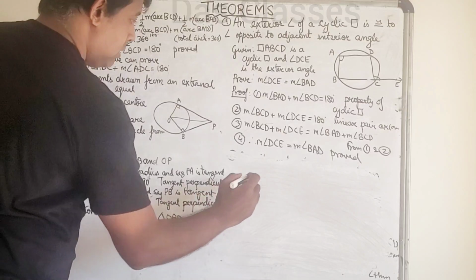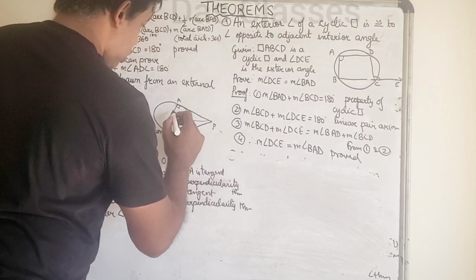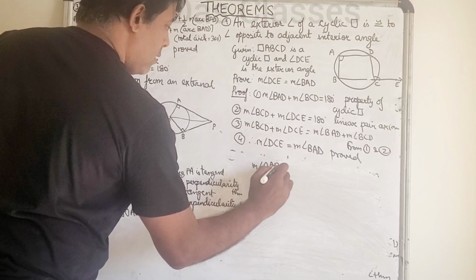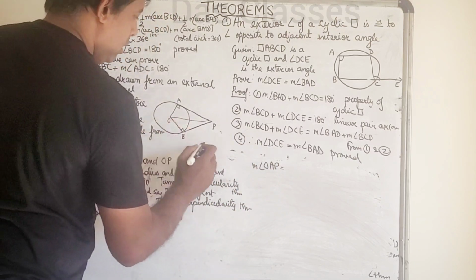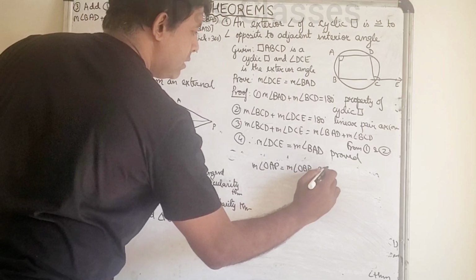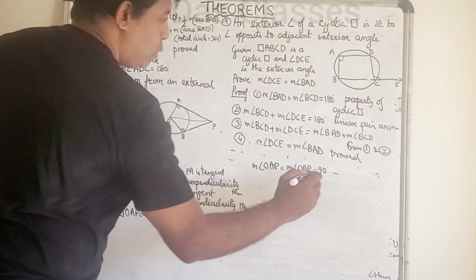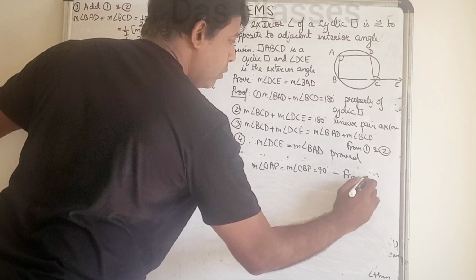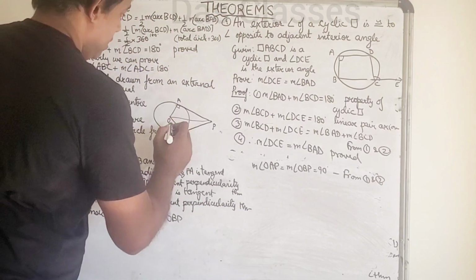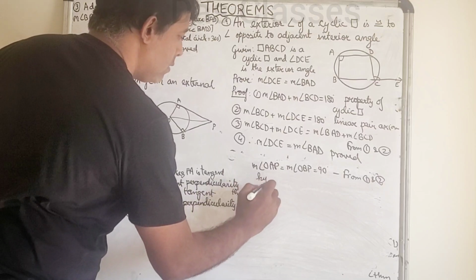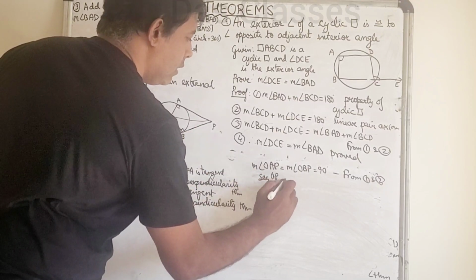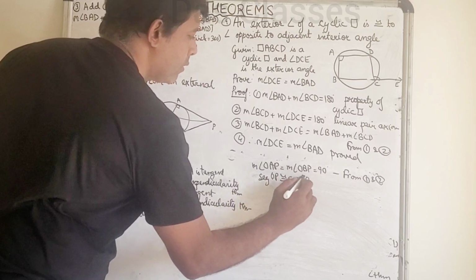So what can we say is, first statement is going to be measure angle OAP is equal to measure angle OBP is equal to 90 degrees from statement number 1 and 2. Next is hypotenuse OP, or we'll just write segment OP is congruent to segment PO.